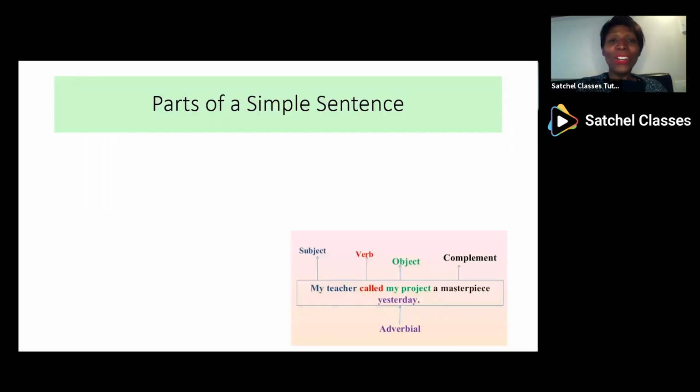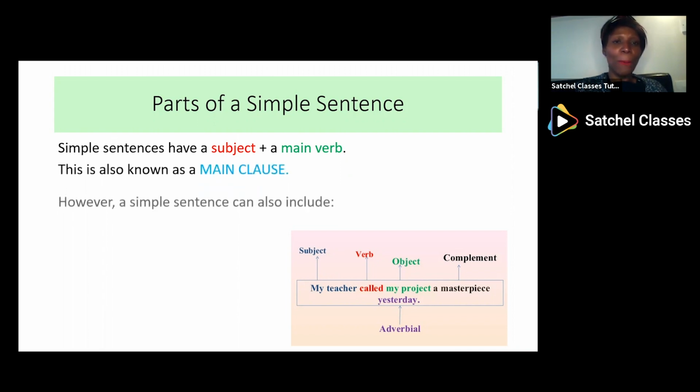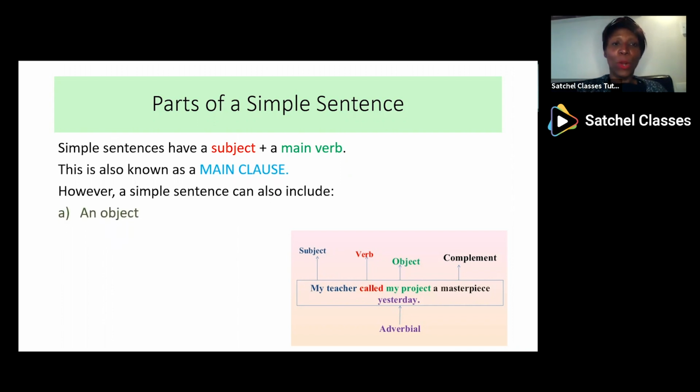However, there are several other parts of a simple sentence. So they do have a subject, they do have a main verb, they can stand alone on their own, but they also can include an object, an adverbial, and a complement.